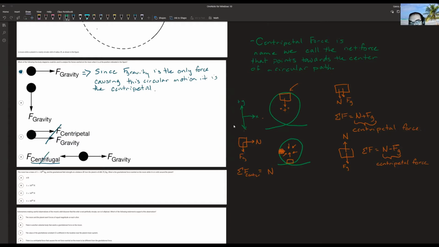Really important here: the equation for the net force towards the center is just N. And this is the only thing being the centripetal force when it's off to the side. We could also do a net force in the vertical direction. In this case, the force due to gravity equals m times a, but this acceleration would be the vertical acceleration.